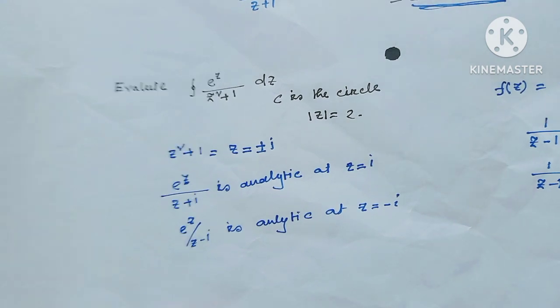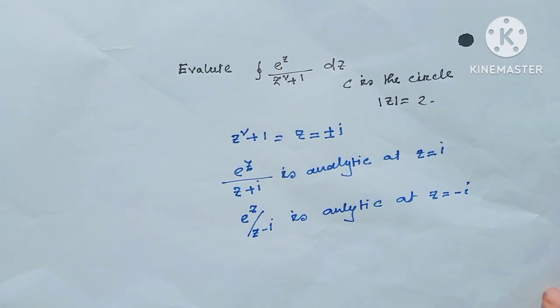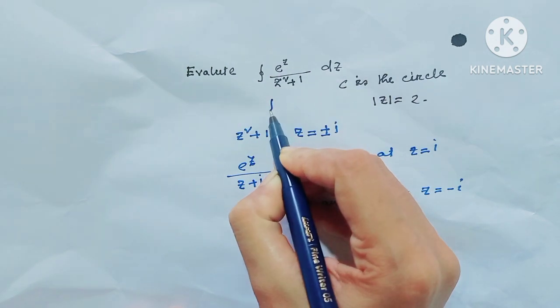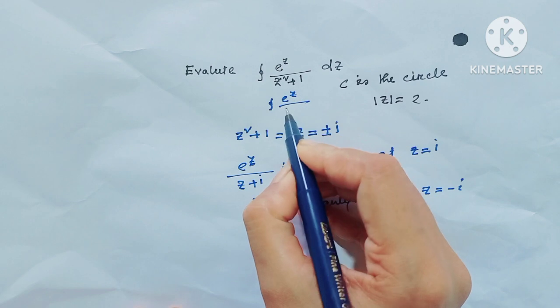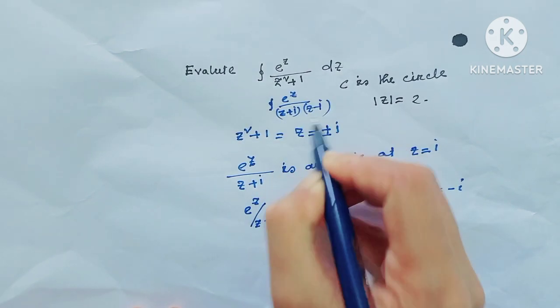Now I will see the integration of e to the power z over z square plus 1 dz along the contour mod z equal to 2. Notice z square plus 1 means z equal to plus minus i. Very interesting here. Consider just two curves, because e^z over z square plus 1 means z plus i times z minus i.